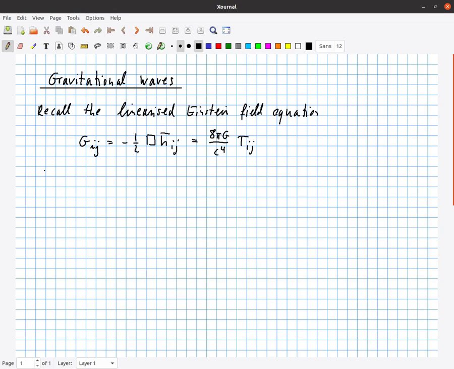And we consider these equations now in vacuum. We set T_ij to be 0, which means we work in vacuum.